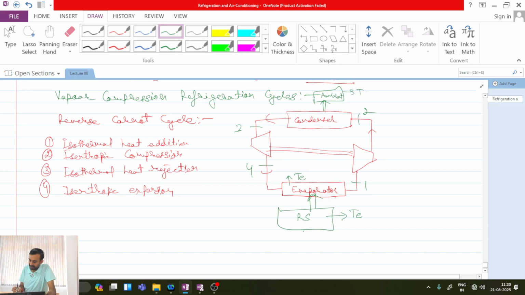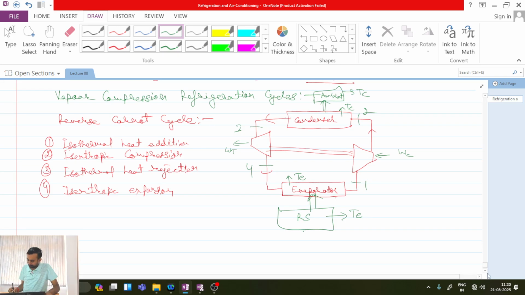Here if this is TC, here also temperature has to be TC, because then only process will be totally reversible. All are clear with this point? Then in the compressor I will be supplying WC amount of work, and in the turbine I will be getting output WT amount of work, and net work input to the system will be WC minus WT. All are clear with this point?